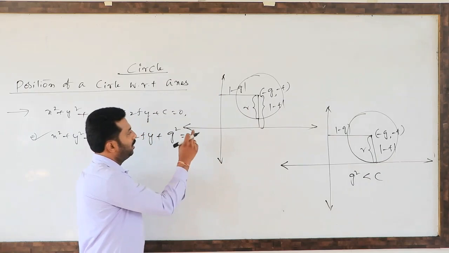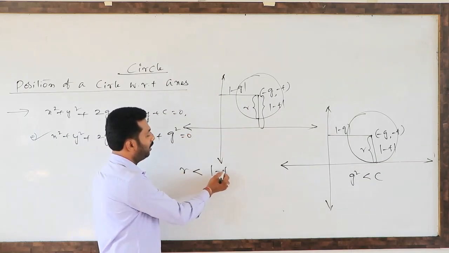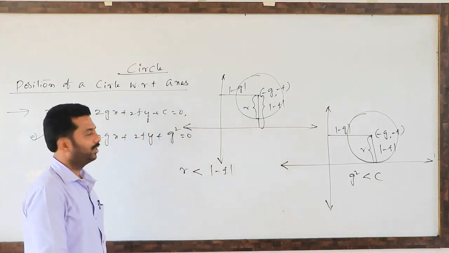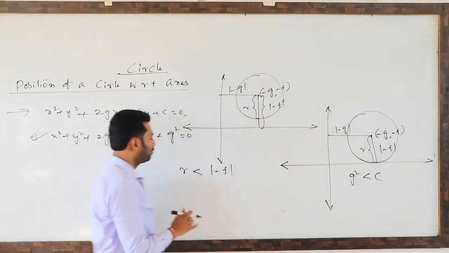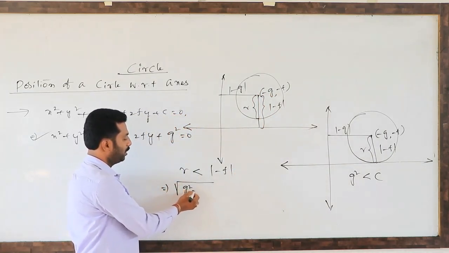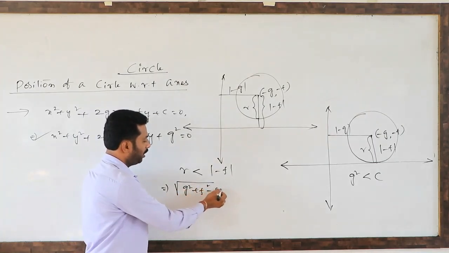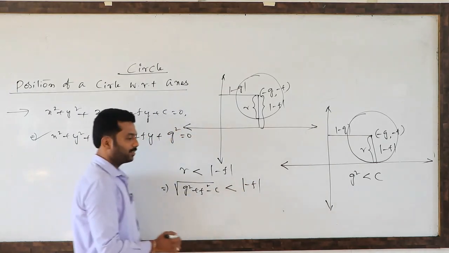Now you observe, the r value is always less than modulus of minus f. This is only the r value, and this is the whole f value. So squaring on both sides, r, which is √(g² + f² − c), is less than modulus of minus f.